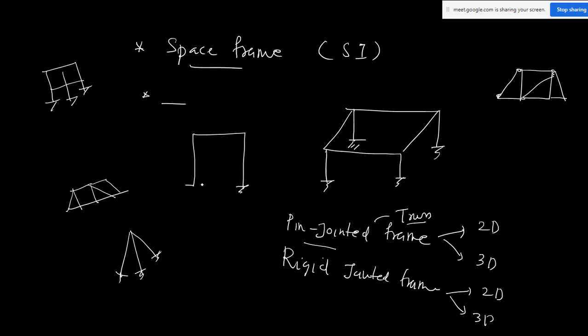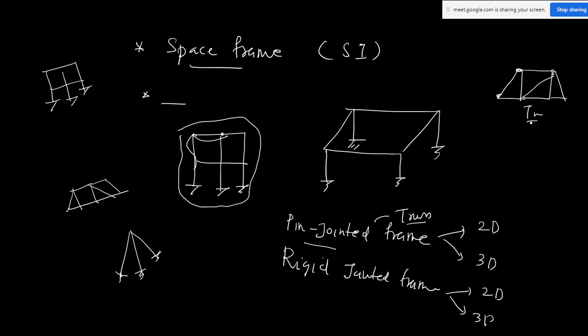It will be a rigid joint, which means at the joints it can transfer the moment also. All this will be studied in structural analysis 2, in frame analysis. If you have a pin jointed frame, it cannot transfer the moment. It can transfer only the axial force. That is the difference between a frame and a truss.